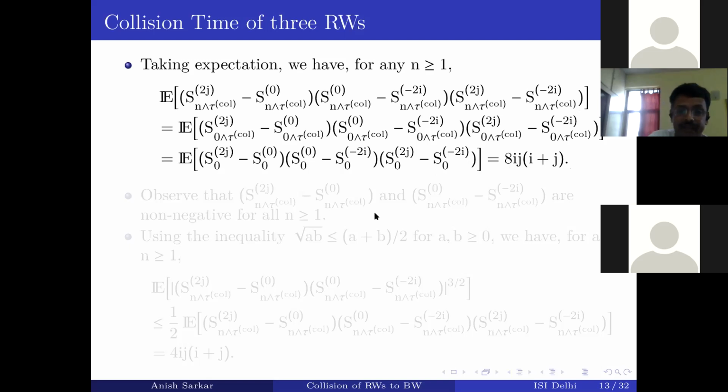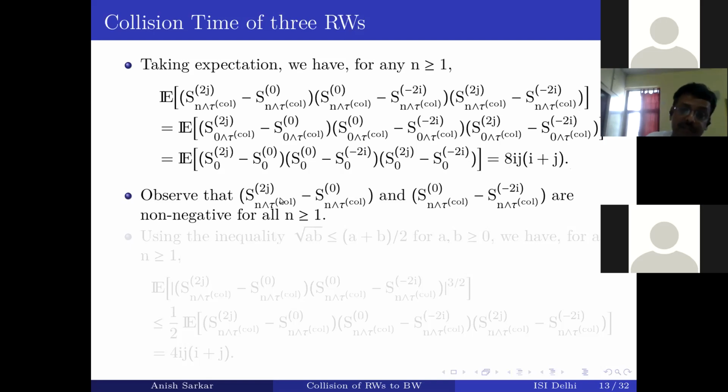Now we make one crucial observation: we are looking at this process only up to this collision time. Whatever happens after the collision, because the process is being fixed, if n is bigger than tau we are taking tau, so we are not looking at after that.